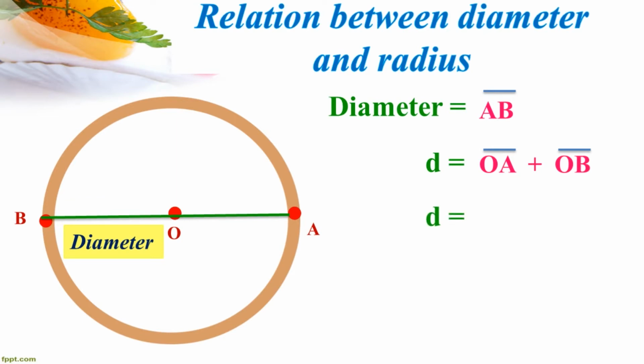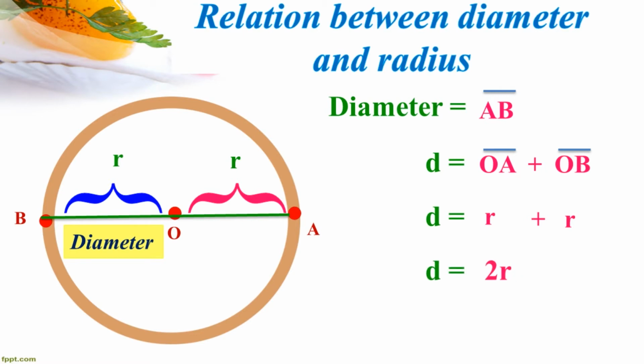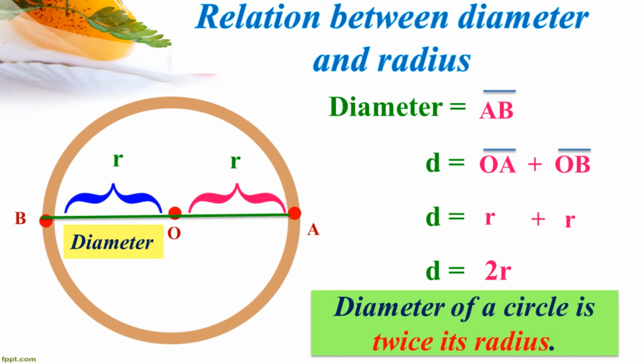Here OA is a radius, so we write r, and OB is also a radius, so also r. Therefore d equals r plus r. R plus r we get 2r. That is, the diameter of a circle is twice its radius.